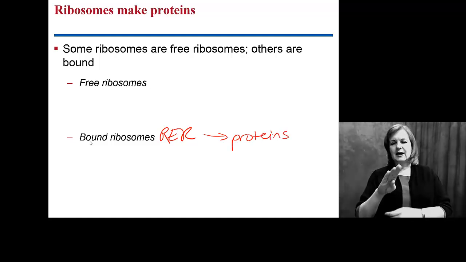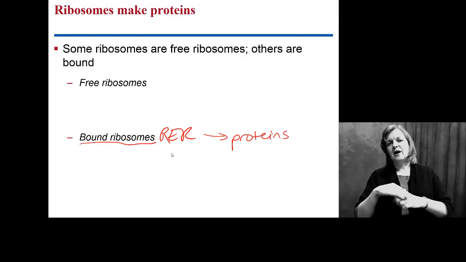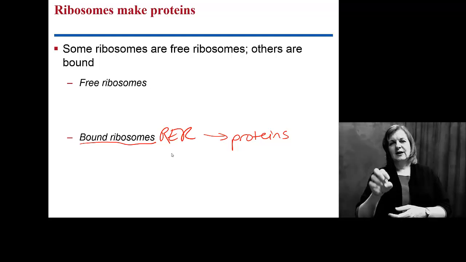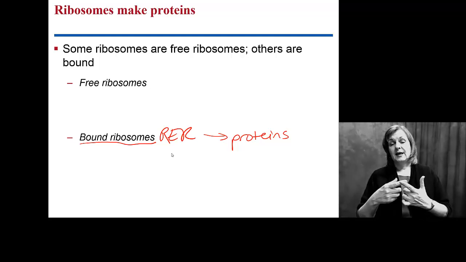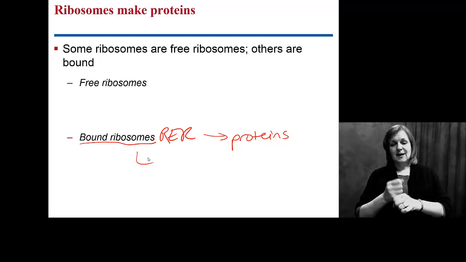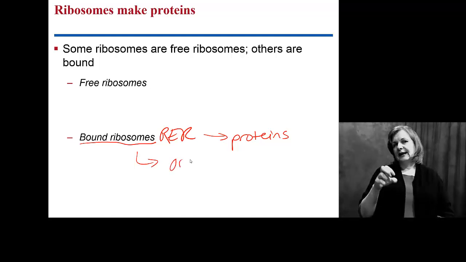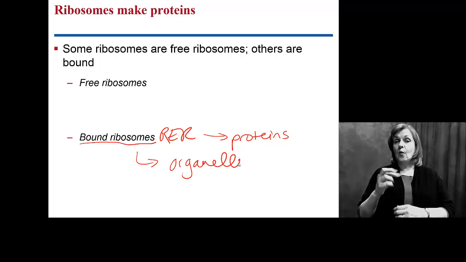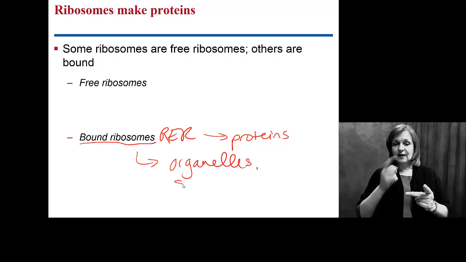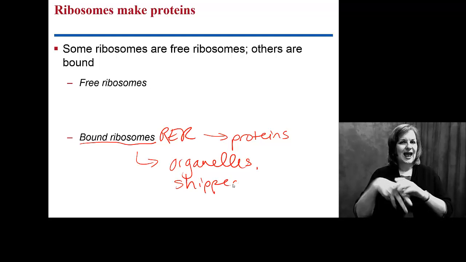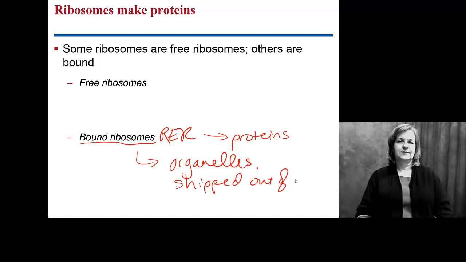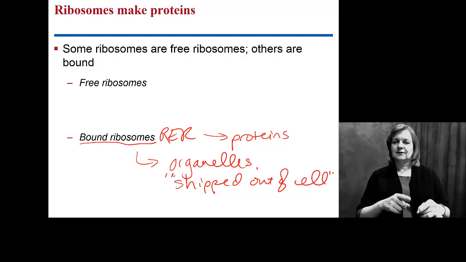So the bound ribosomes are the ones on the surface of the rough endoplasmic reticulum, and will be responsible for making proteins that are going to be used in organelles in the cell, or packaged and shipped out of the cell. And we'll show you how that's done.